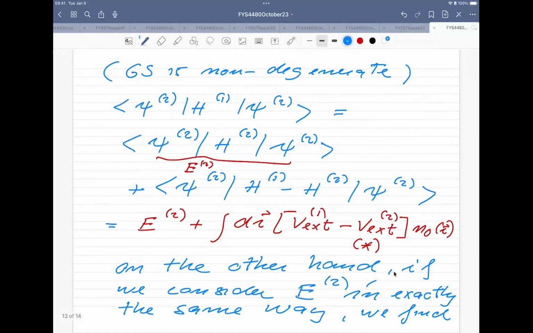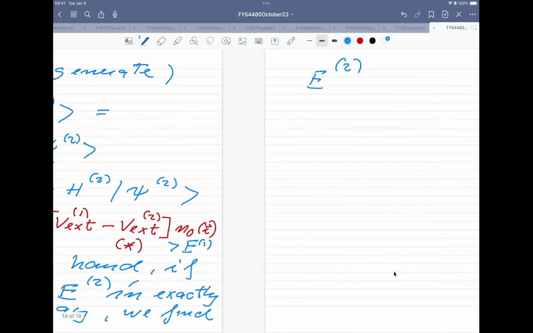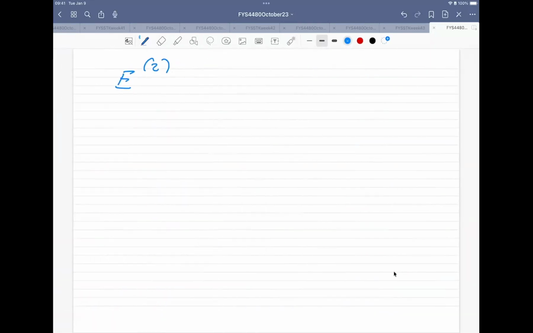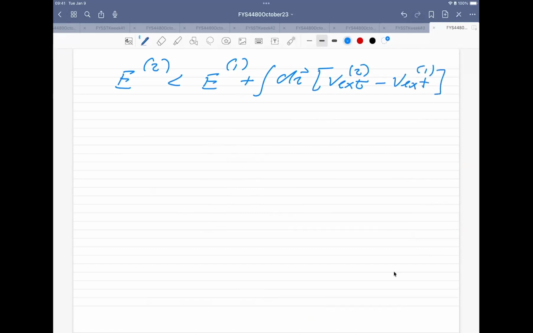So in a certain sense, we can rewrite this equation, and that is larger than E1. If I interchange these two indices, what I get then is that E2 is going to be smaller than E1 plus an integral of d of r, and then I have a V external of 2 minus V external of 1 multiplied with the ground state density, which we are assuming is the same for the two states.